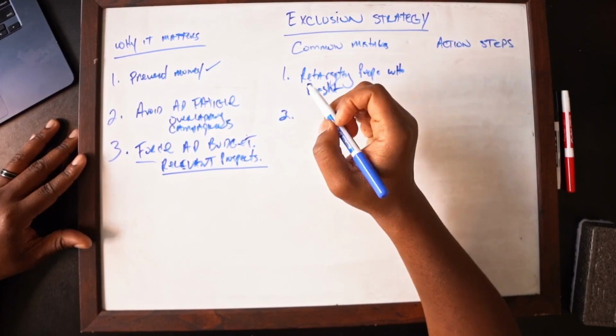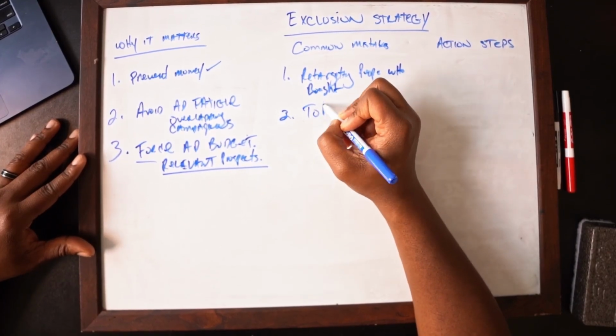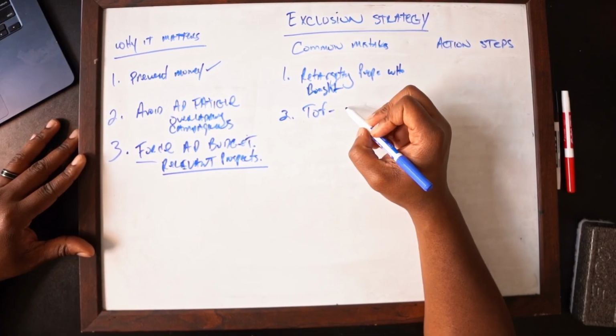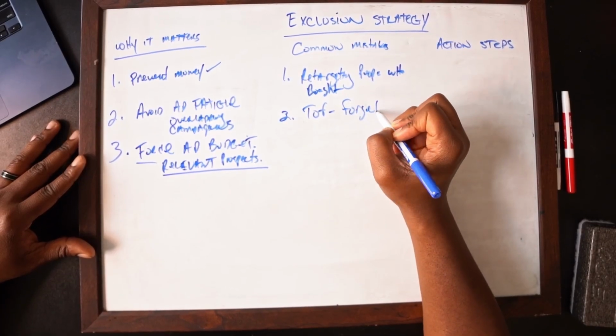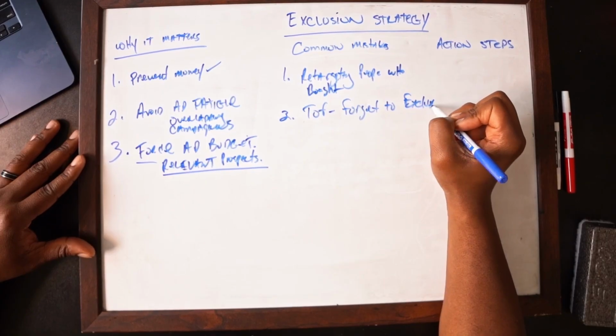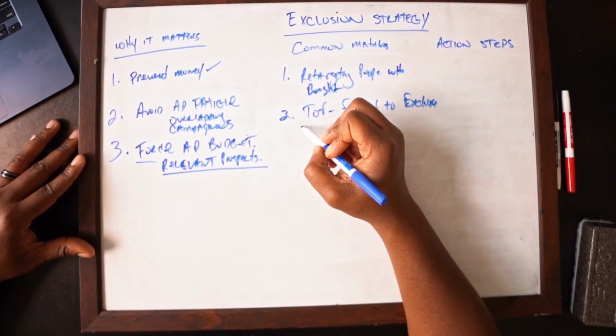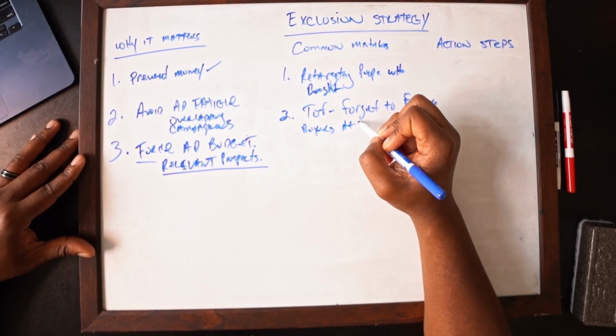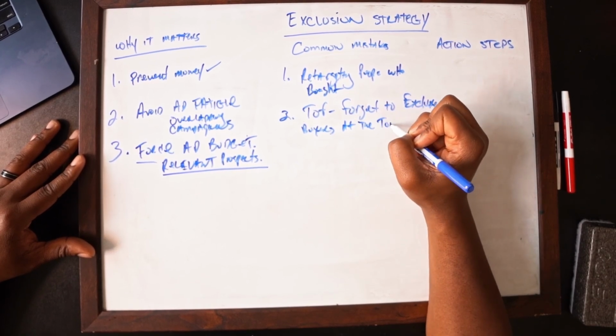This is where you need to do your most exclusion, the top of the funnel. So you forget to exclude buyers at the top of the funnel.